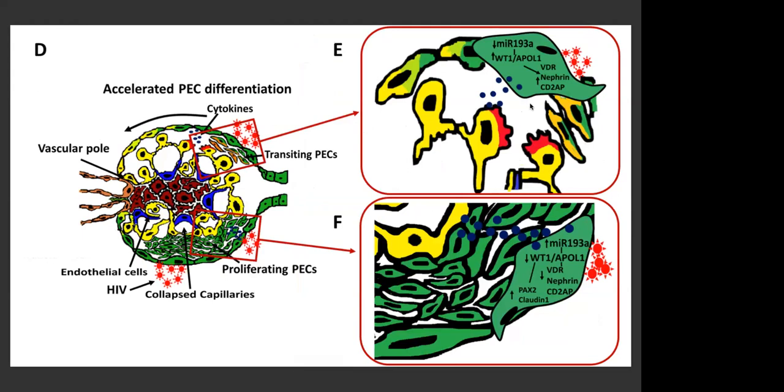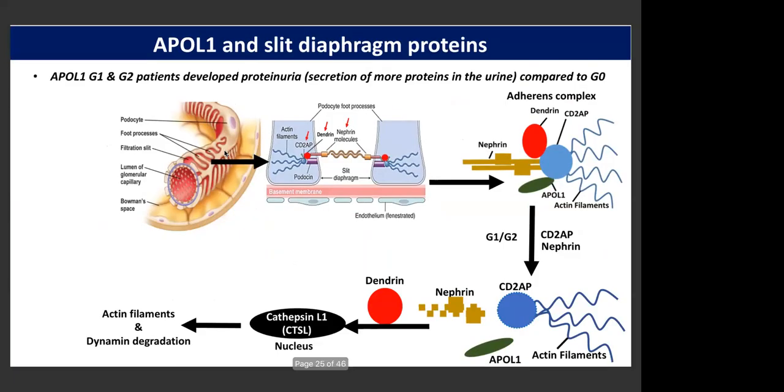And if there is an HIV infection, there is more accumulation of parietal epithelial cells, because they are unable to convert into podocytes in the case of APOL1 risk variants, while in the presence of wild type APOL1, these parietal epithelial cells transition towards a podocyte phenotype, and they are not going to accumulate in this area.